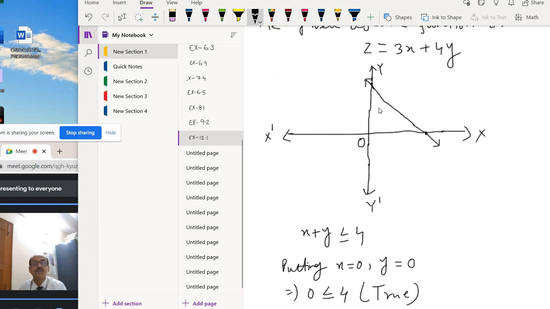That means this side. So this is the direction, and this is the region, and x greater than 0, y greater than 0, the positive side of the x-axis and y-axis.